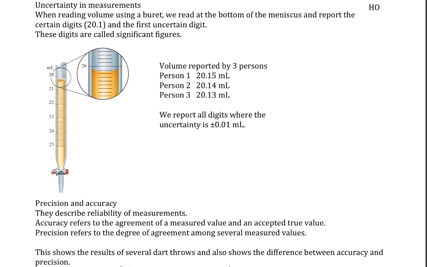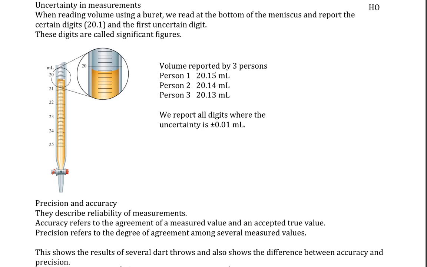In our blow-up picture, we see that the liquid, the bottom of the meniscus, is between, of course, 20 and 21, and then within that, between the first and second line. So what we see with certainty is the liquid is 20.1, and then we read between the lines.